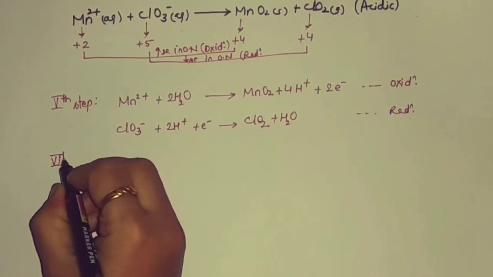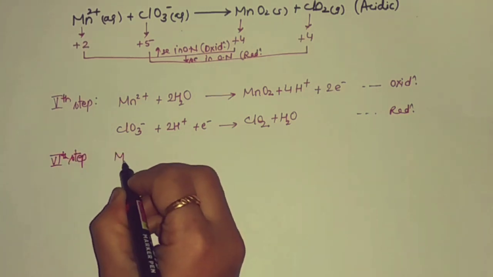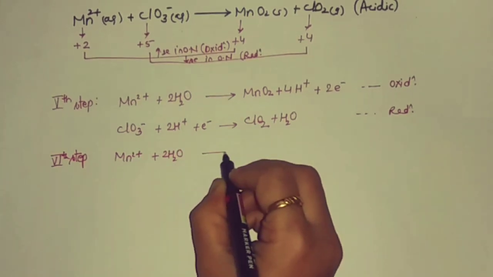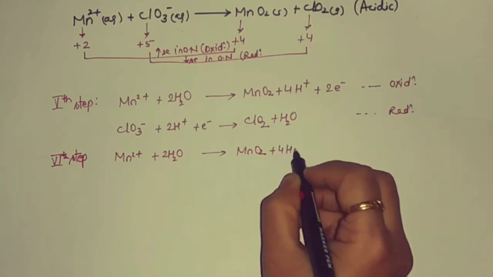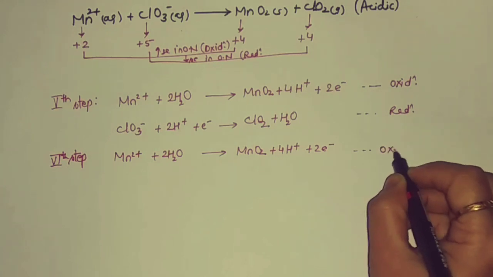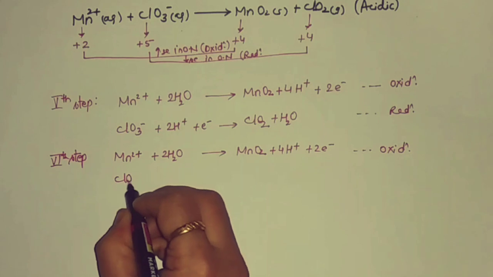The sixth step states that we add the two half reactions and convert the ionic equation back to molecular form. So Mn2+ plus 2H2O will give you MnO2 plus 4H+ plus 2 electrons. We multiply with a suitable integer so that we can cancel out the electrons.